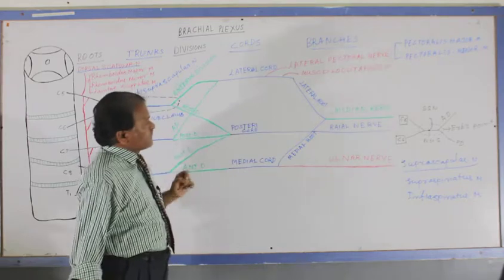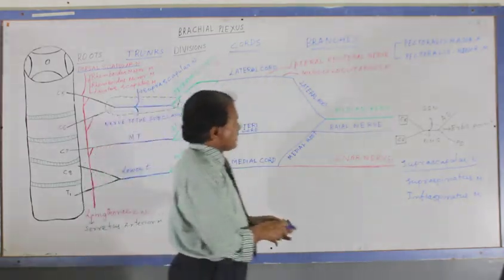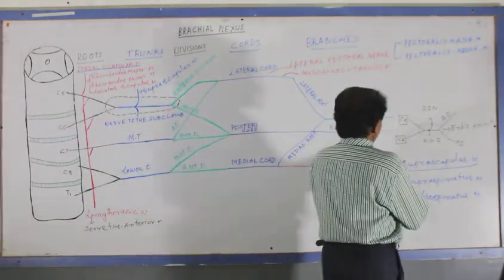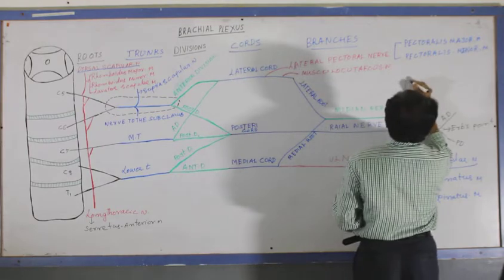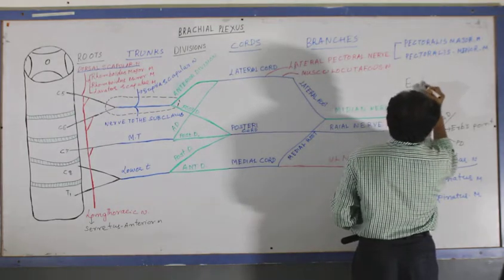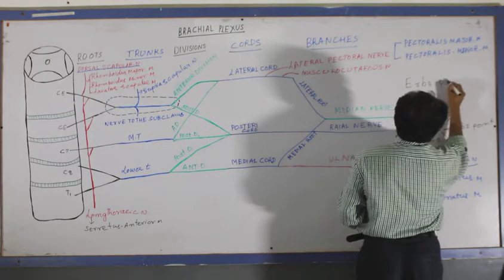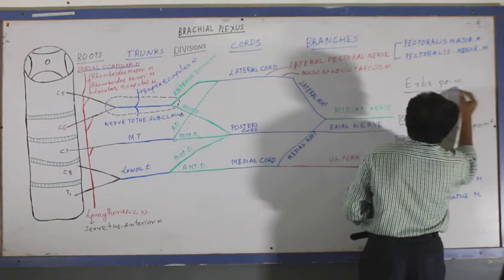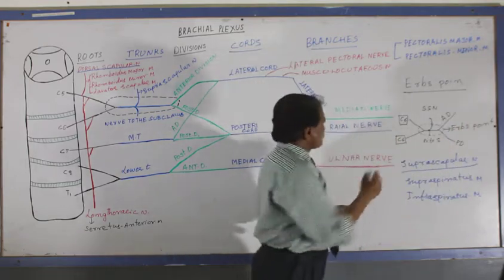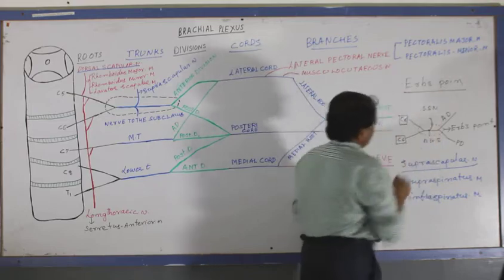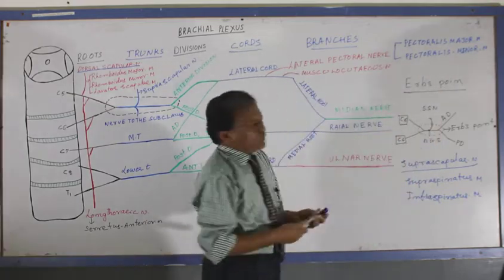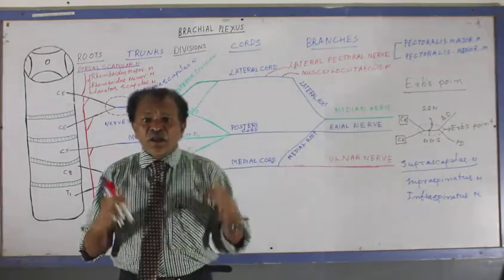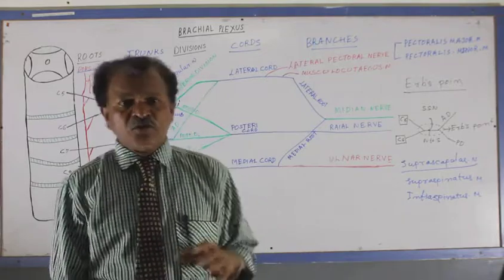Another important point is regarding Erb's point. This one is Erb's point. In this Erb's point, there is a union of 6 nerve roots.